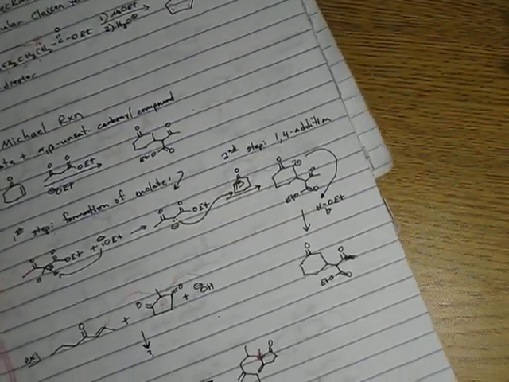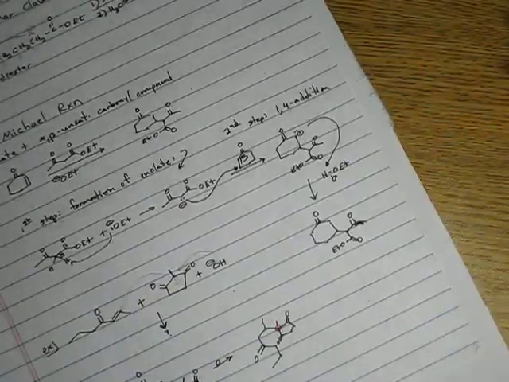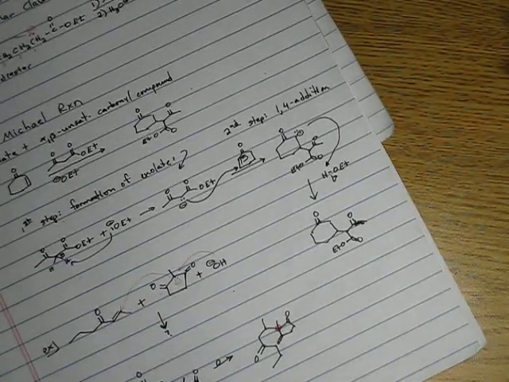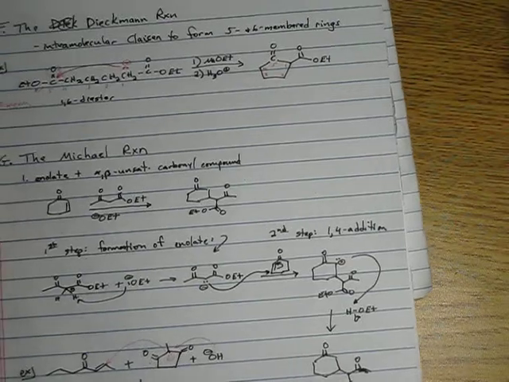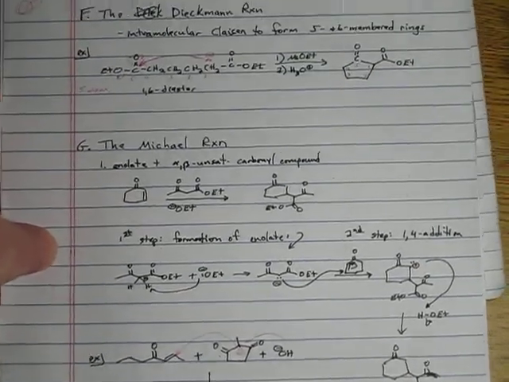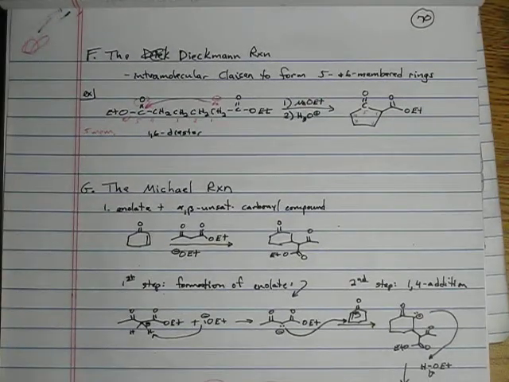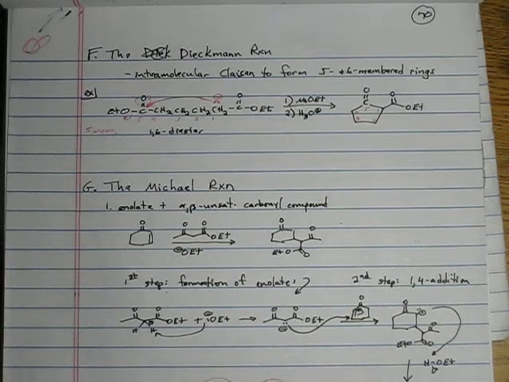All right, and real quick, the last reaction for this video, the Dieckmann reaction, is just an intramolecular Claisen to form five and six membered rings.